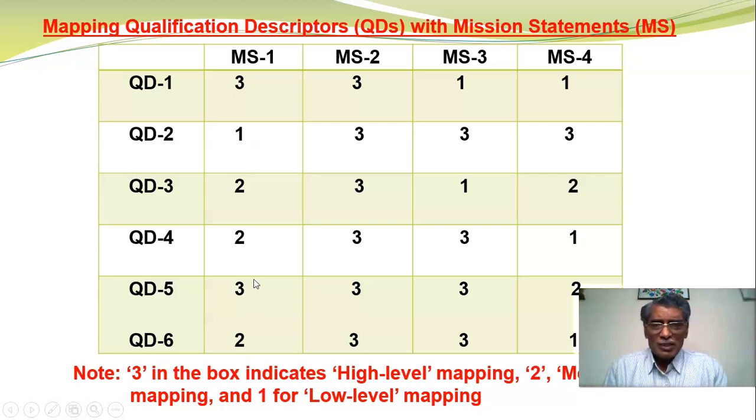In other words, every qualification descriptor must have a map with the mission statements reasonably well. And all the qualification descriptors must be mapped with all the mission statements, either 3, 2 or 1. Okay.